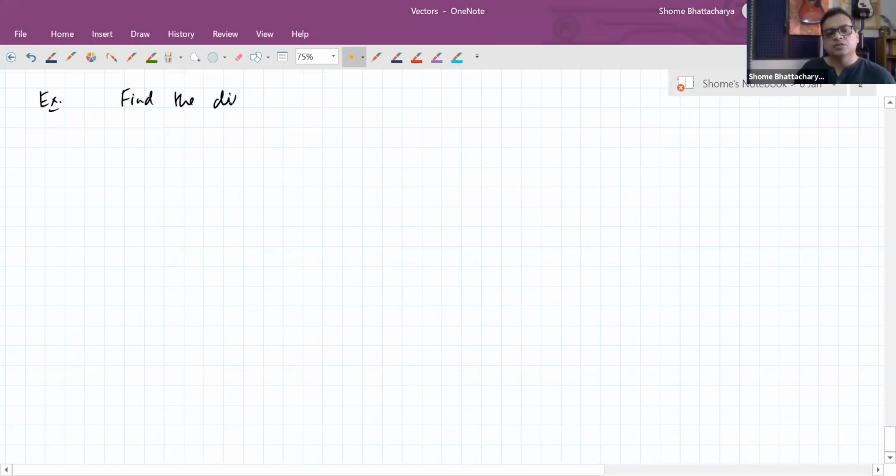Find the direction cosines and the angles with respect to x, y, and z axis for this vector.